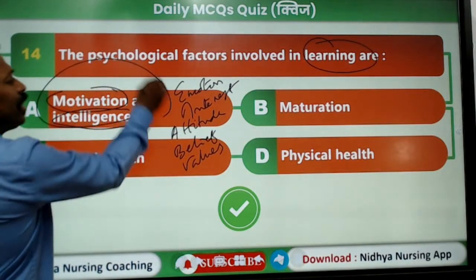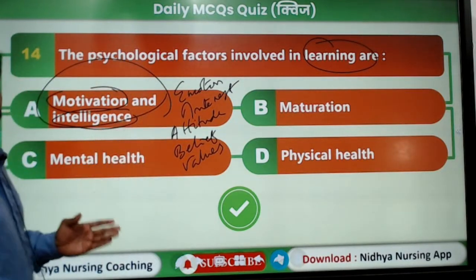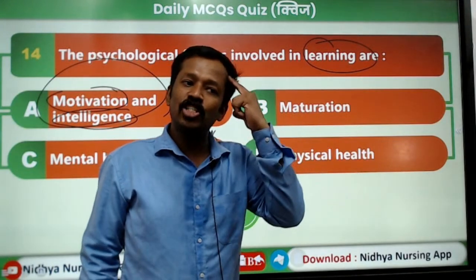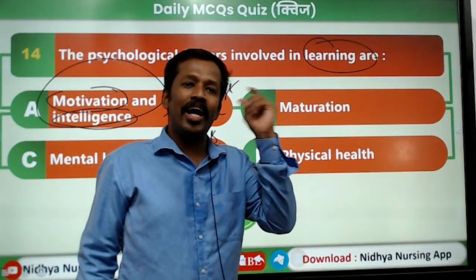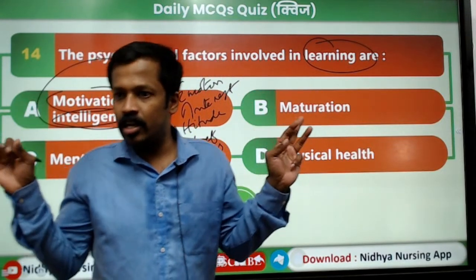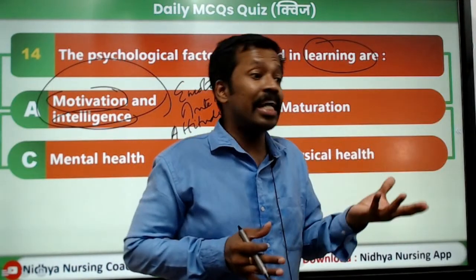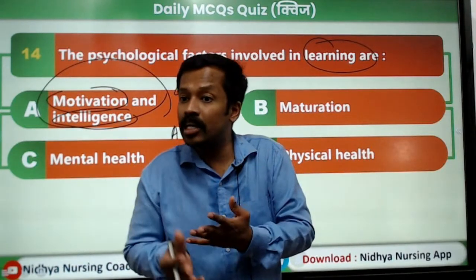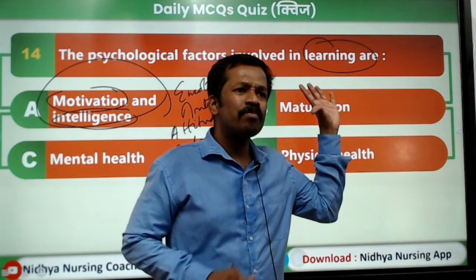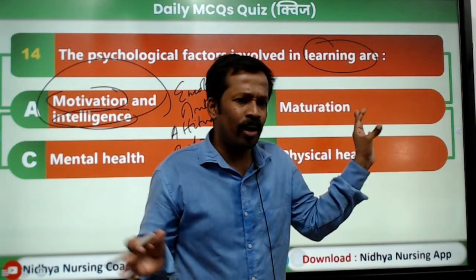Motivation and intelligence. Maturation is a factor, but what maturation? Maturation of brain. It is necessary, but it is not compulsory. Even mentally retarded students are learning some skills, isn't it? So it is not a mandatory one, but it is also a factor.